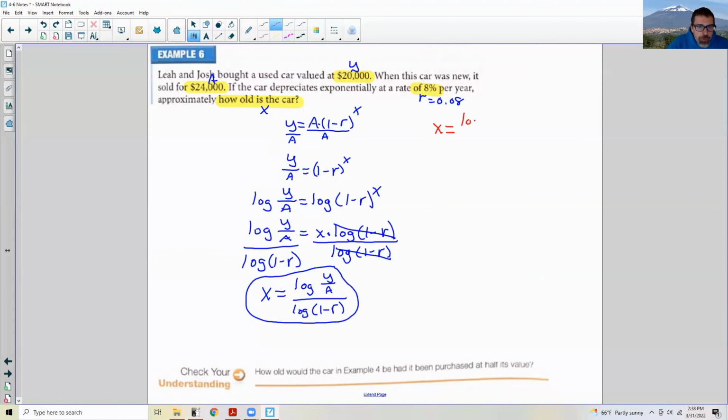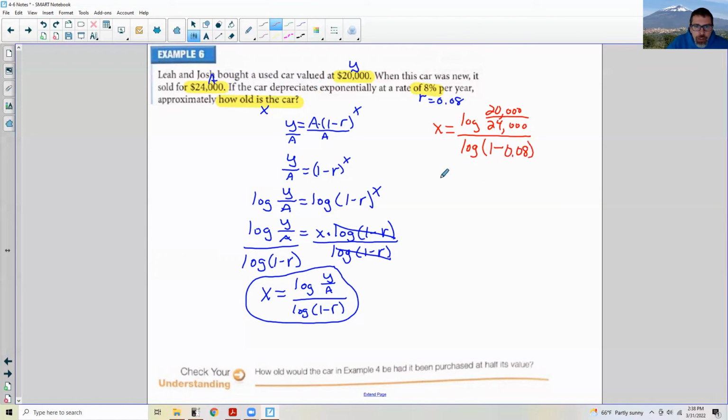It's going to equal the log of Y, 20,000, oops, not 2,000, 20,000 divided by A, which is 24,000. That's all divided by the log of 1 minus R.